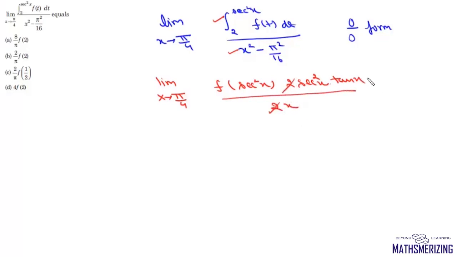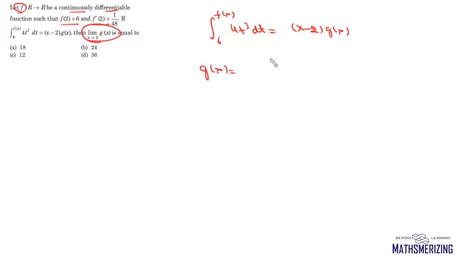Here tan x upon x is not 1 because this is not x tends to 0, it is x tends to pi by 4. So we'll put the value of x as pi by 4. So it'll be f of secant square pi by 4, which is 2. tan pi by 4 is 1, upon pi by 4. So the value of this limit will be 8 upon pi f2, and that's your option A.